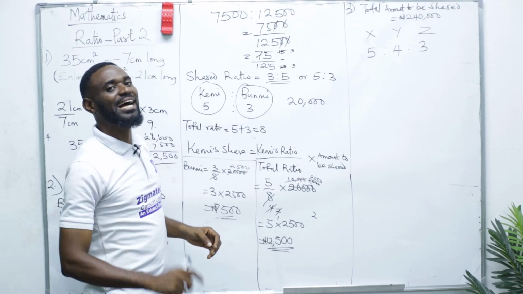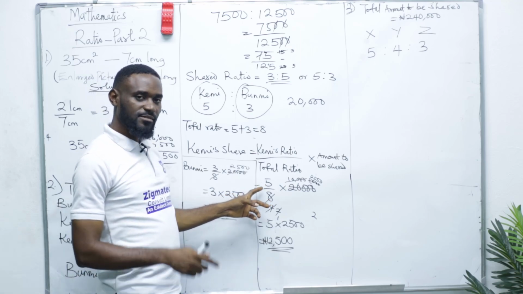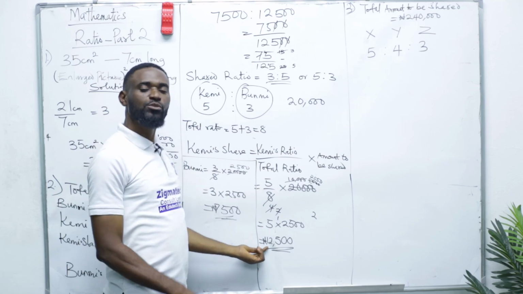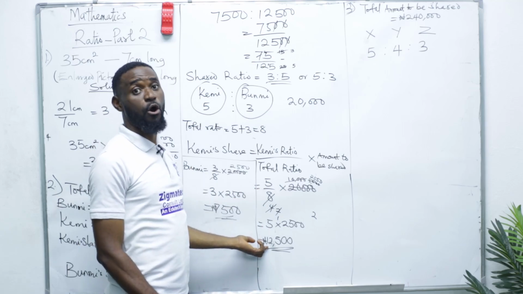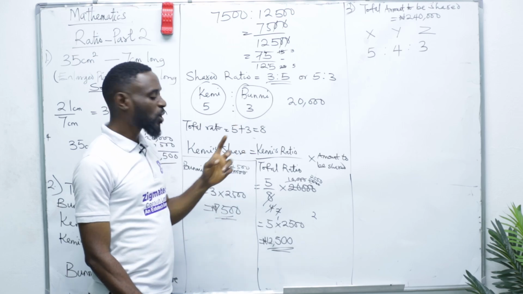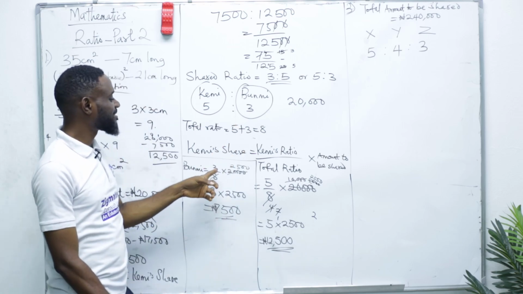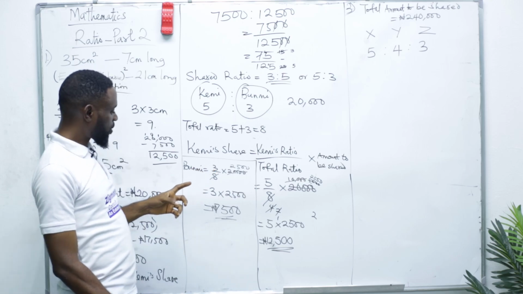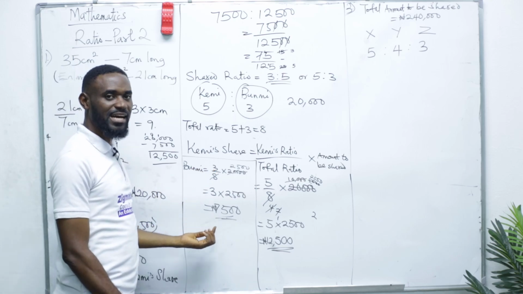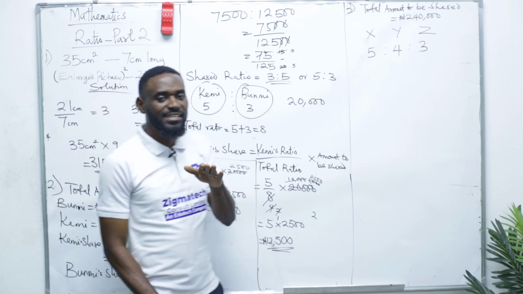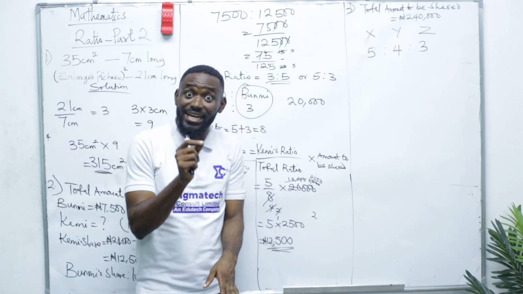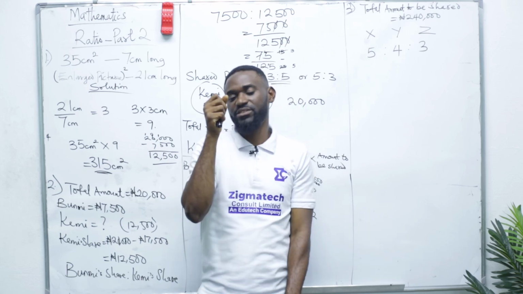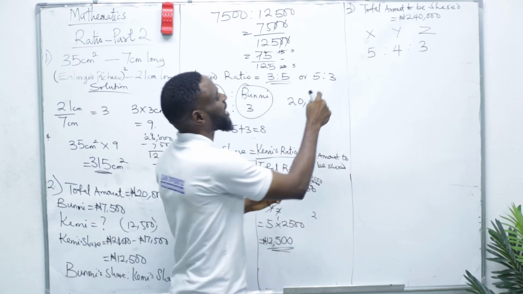Because Kemi had 5 as her sharing ratio, Kemi received 12,500 naira of 20,000 naira, while Bumi that had 3 ratio got 7,500. It means that the lower the sharing ratio, the lower the amount that will be received.